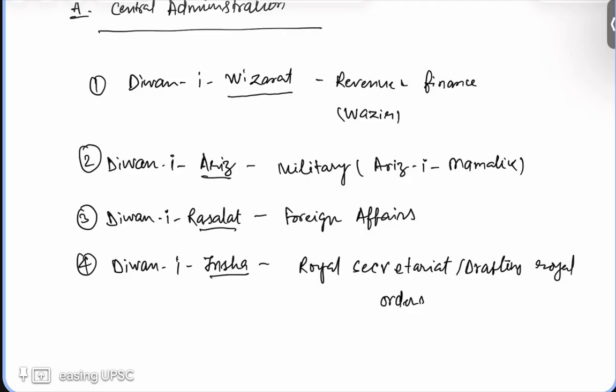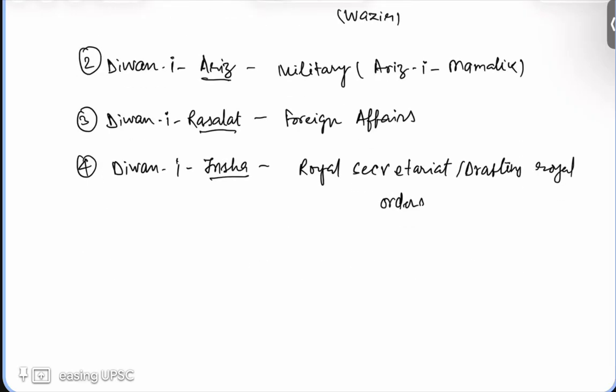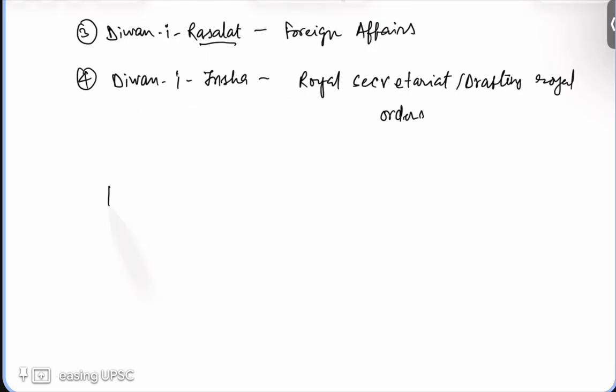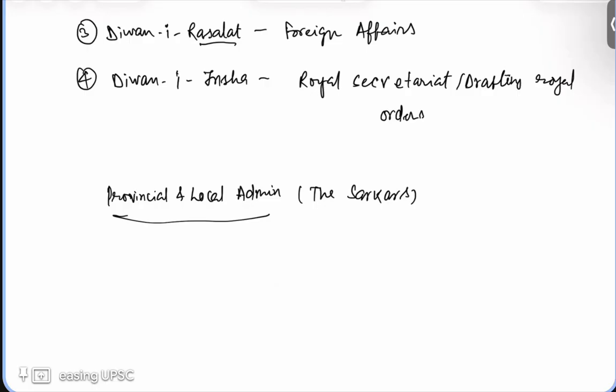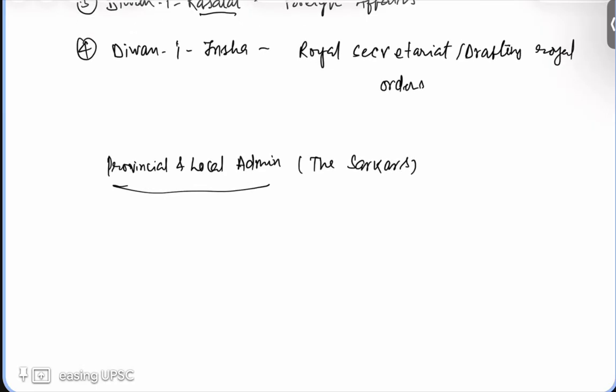Next, provincial and local administration. His empire was not divided into provinces or subas like the Mughals, but directly into Sarkars. What does Sarkar mean? District, yes.